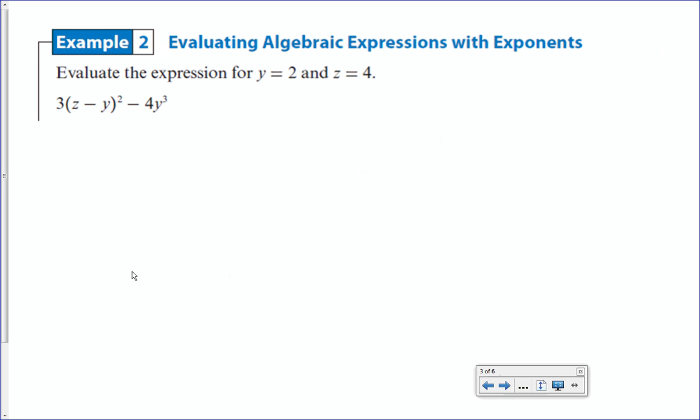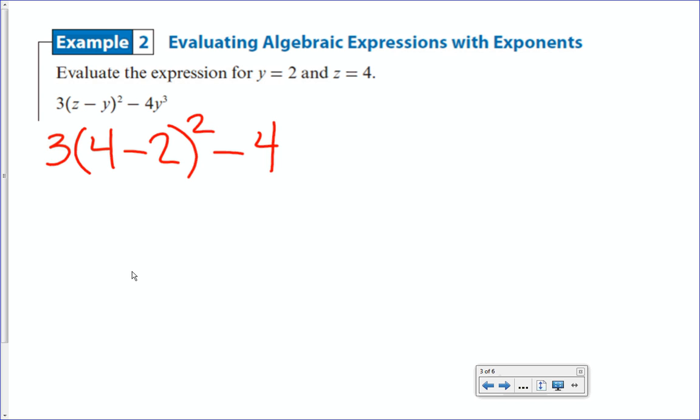In my next example, we're going to evaluate the expression for y equals 2 and z equals 4. So just like I did in the previous problem, every time I see a z, I'm going to replace it with a 4. So 3 times 4 minus, and every time I see a y, I'm going to replace it with 2.